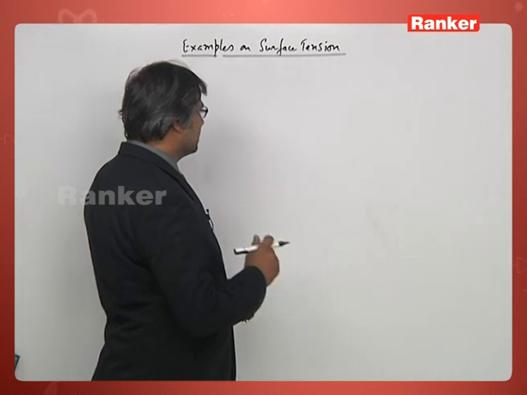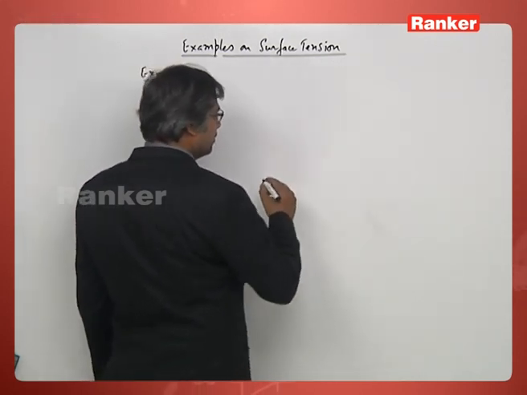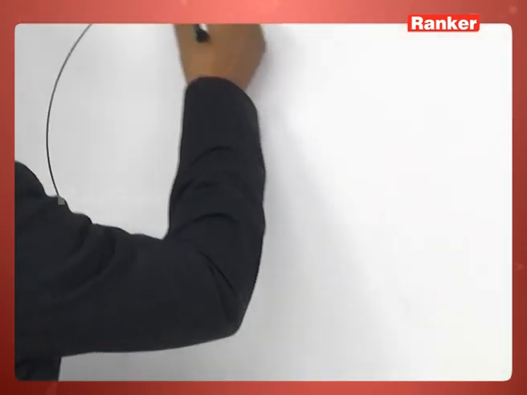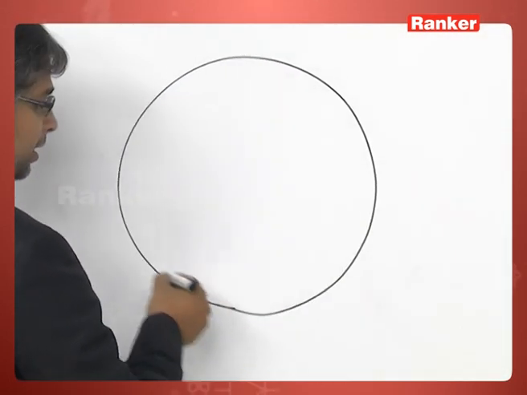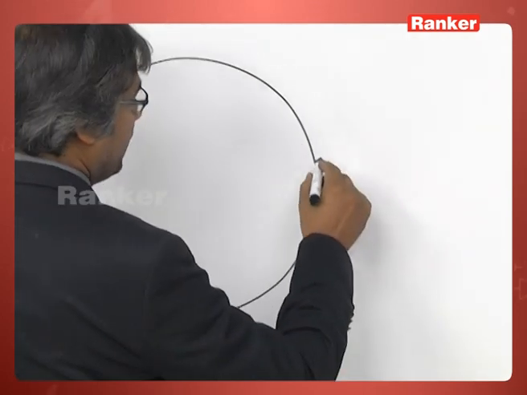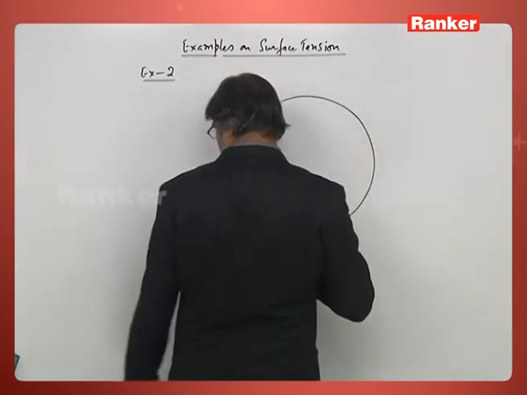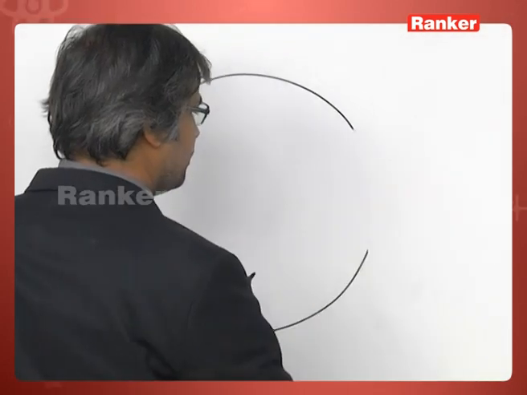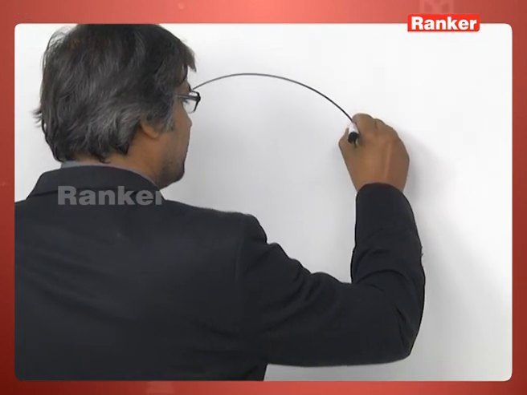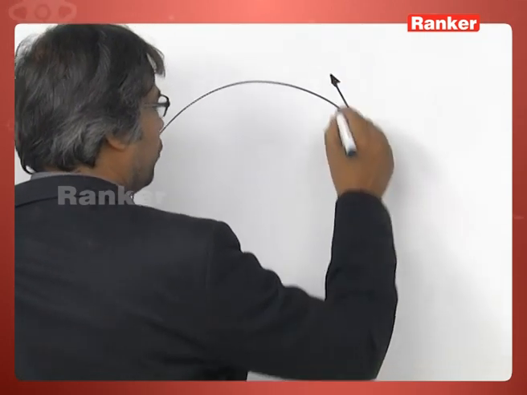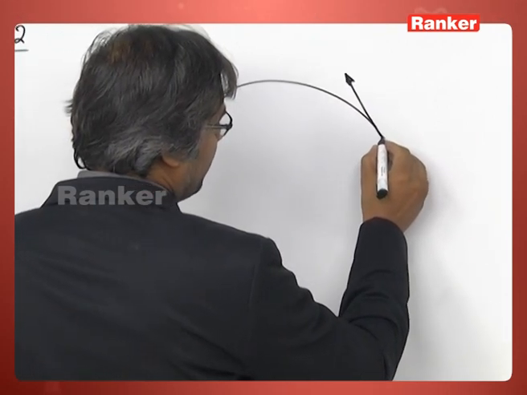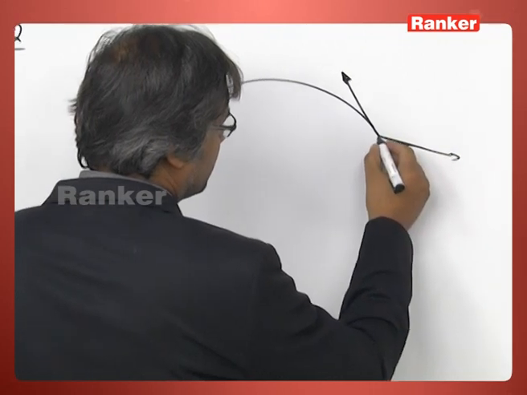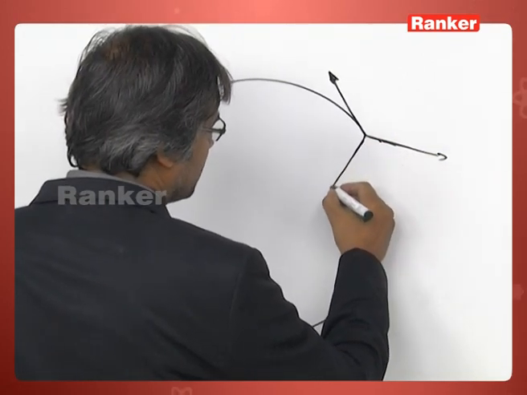Now let us see the angle between the two drops. Here is the big drop bubble, and we have to coalesce this. Here is the tangential force, and here we have one more tangential force, and suppose these are the force triangles.